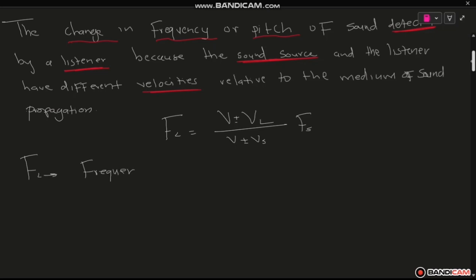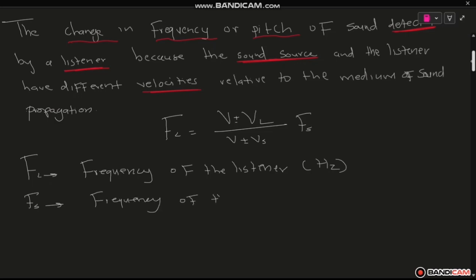FL is the frequency of the listener, the person who hears the frequency from the sound source. That detected frequency is known as frequency of the listener, measured in hertz. Then Fs is the frequency that is emitted by the sound source.